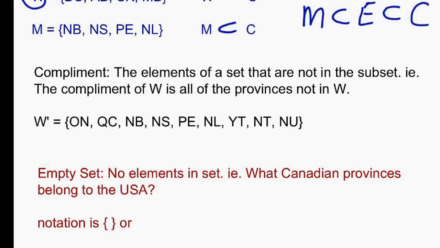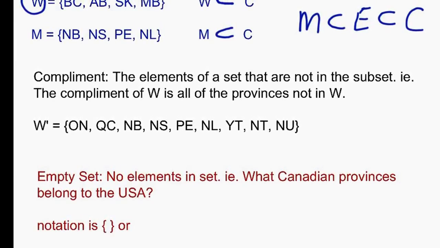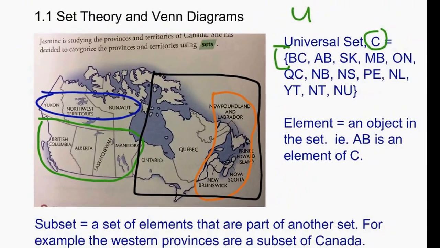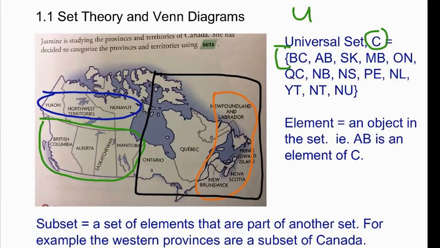The next definition that's pretty easy is complement, and the complement is things that are not in the set. In this case, we'd say the complement of the western provinces would be all of the provinces and territories that are not in the west. If we went back to our map, you'd see it'd be everything except for the green western provinces.